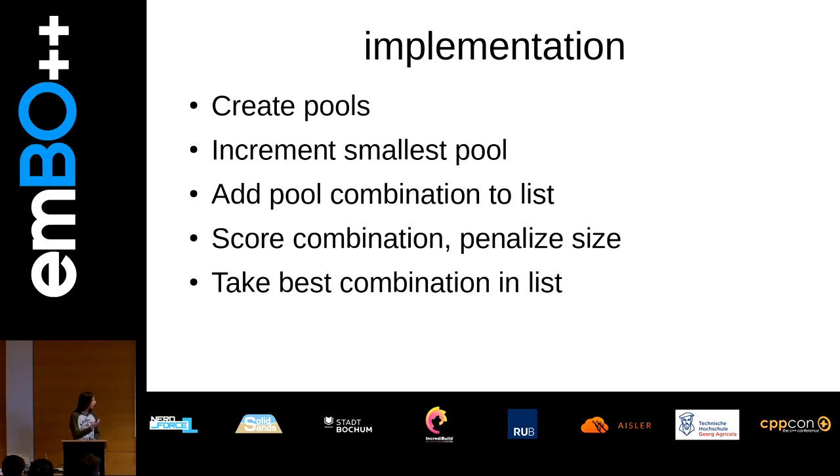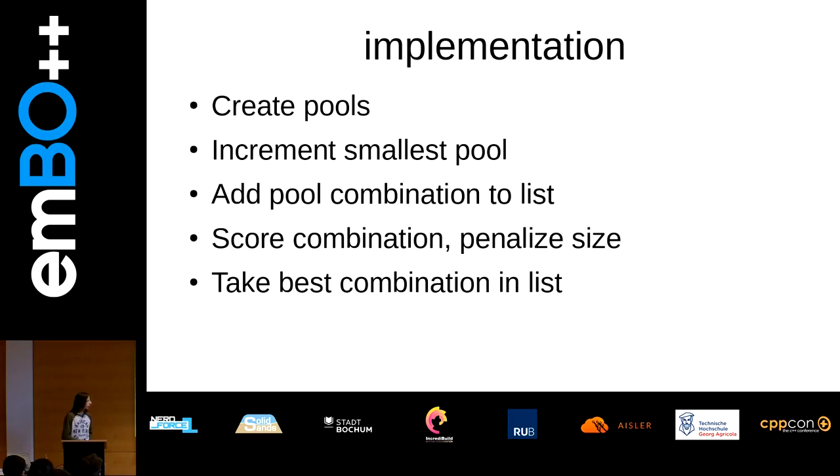So you keep incrementing the smallest pool, and each time you increment, you add that combination of two pools to a list of potential candidates that you are going to go through later.